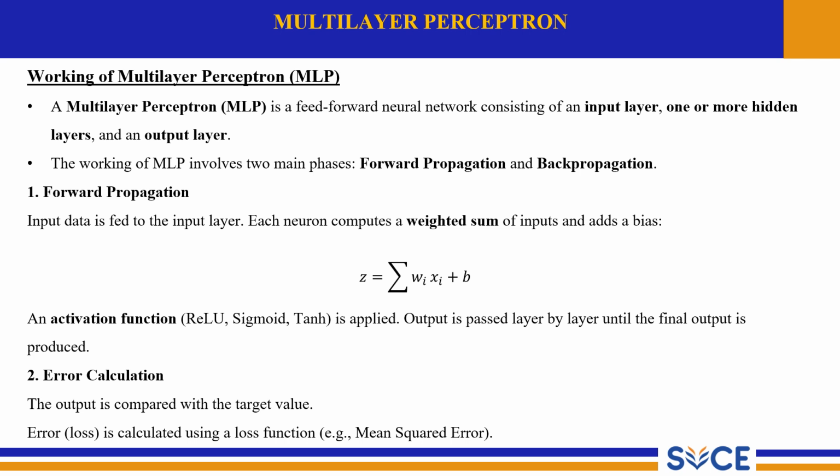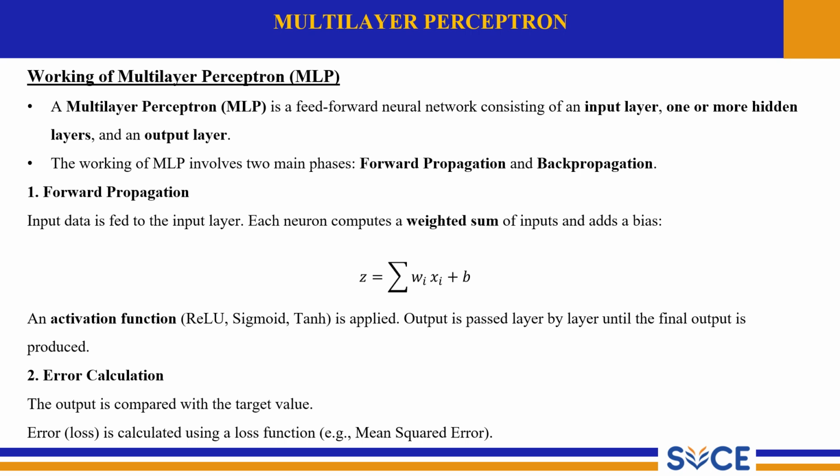The second one is error calculation. Once the output is produced, it is compared with the target value. The error or loss is calculated using a loss function such as mean squared error for regression tasks or cross entropy loss for classification tasks.